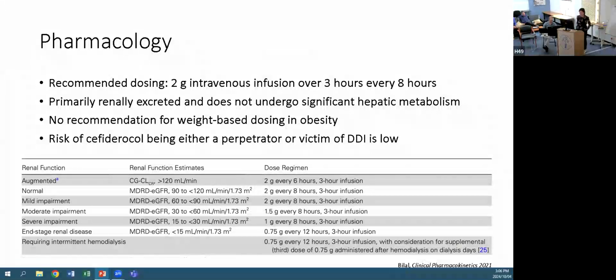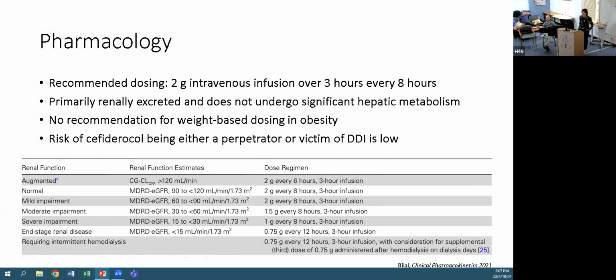Recommended Cefiderocol dosing for patients with normal renal function is 2 grams given intravenously by an infusion over 3 hours every 8 hours. Because it's a cephalosporin, the activity of Cefiderocol is best described by time-dependent killing, which is enhanced by giving it as an infusion.